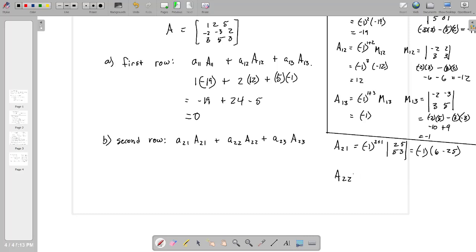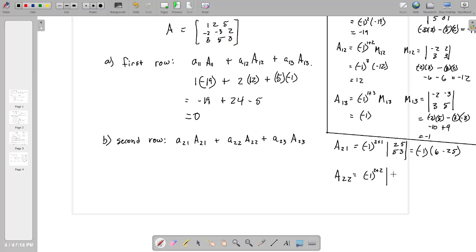A sub 2,2 would equal negative 1 to the 2 plus 2 power times the minor m sub 2,2, which will be obtained by deleting the second column and second row. Remember, when we look for a minor, we're deleting a row and a column. We delete the second row, second column. The remaining matrix is 1, 5, 3, 3.